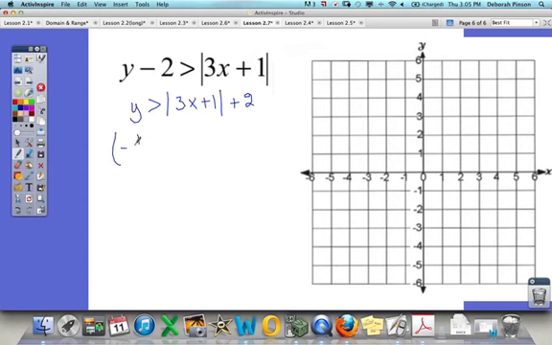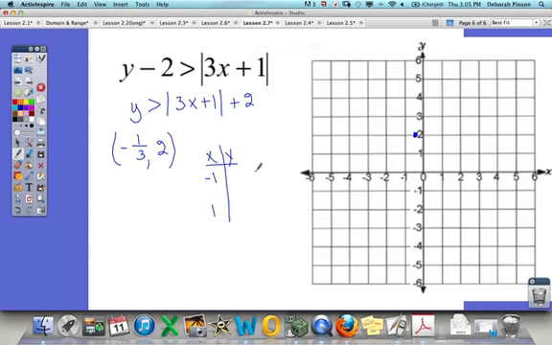So I'm going to do the -b over m c. So -1/3, 2. There's my vertex. And then from there, I'll plug in a couple of points. Now I'm just going to use, again, -1 and 1. It should work out fine.